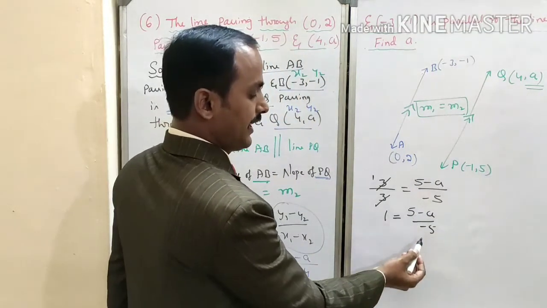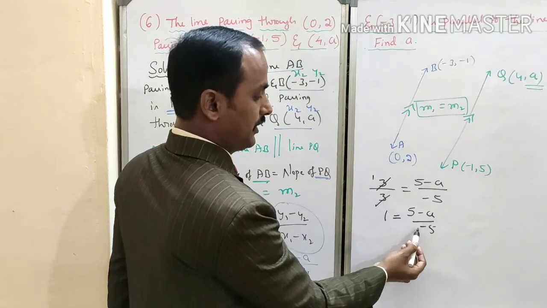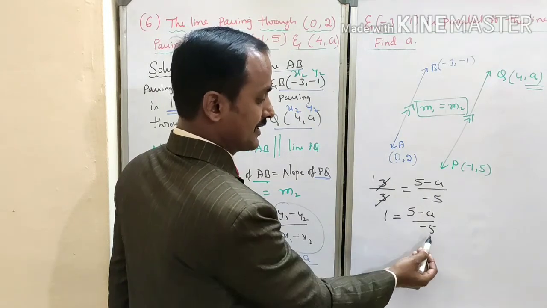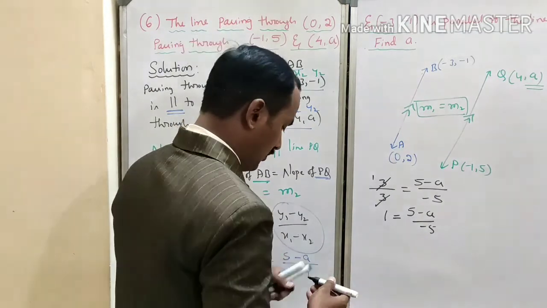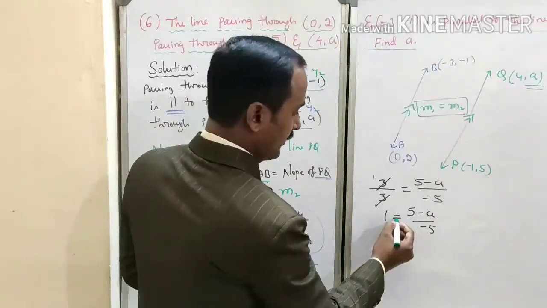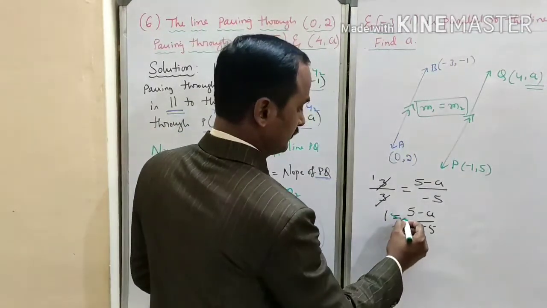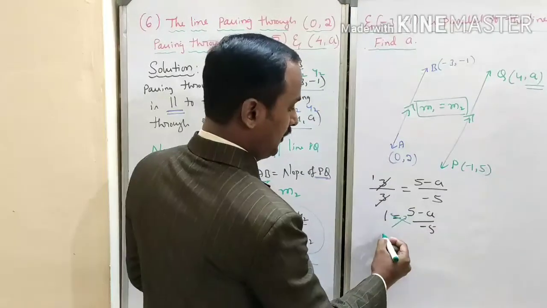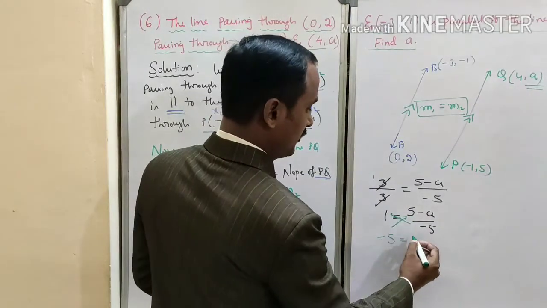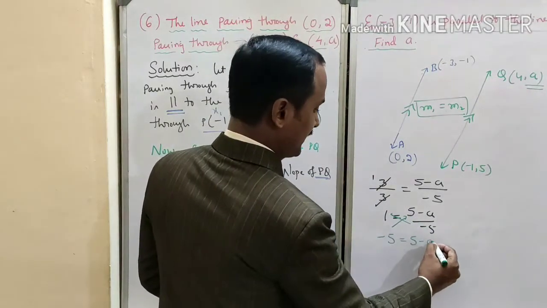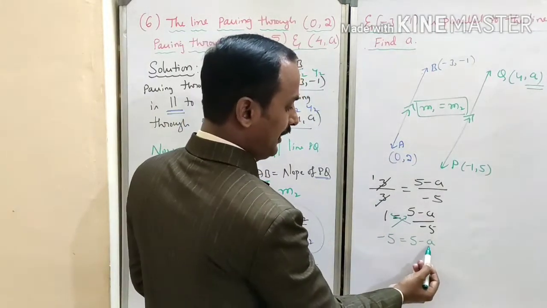Now, see, the right hand side is a fraction, so the denominator transfers to the left side by cross multiplication. You know how to do cross multiplication? Look here, like this. Minus 5 into 1, minus 5, is equal to 5 minus a. Then I want the a value.